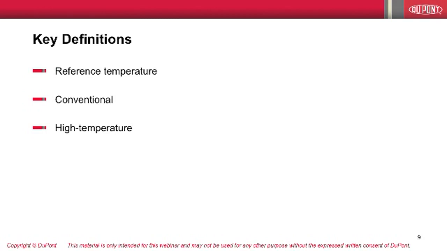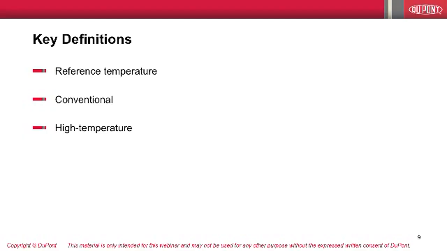The definition of 3 key terms was necessary for this document. The first term is reference temperature. The standard temperature to which calculations and measurement are referred shall be defined as 20 degrees C plus the base rated average winding rise.